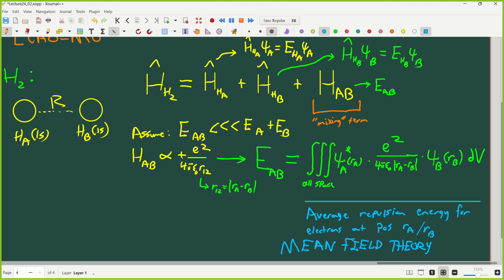And now the question, of course, is, all right, so the energies are changed slightly due to repulsion. What's the net effect on the wave functions? Let me talk very briefly about that.